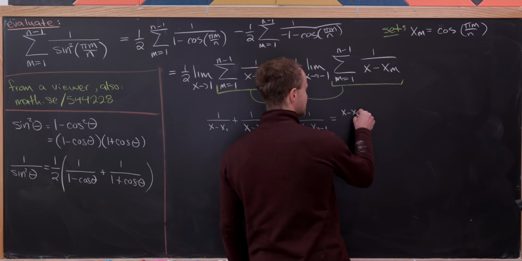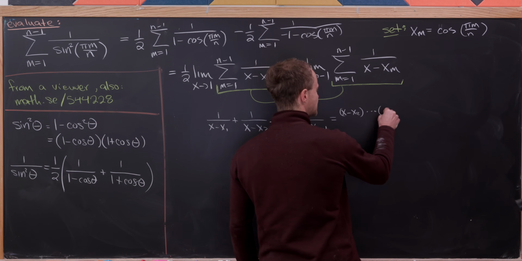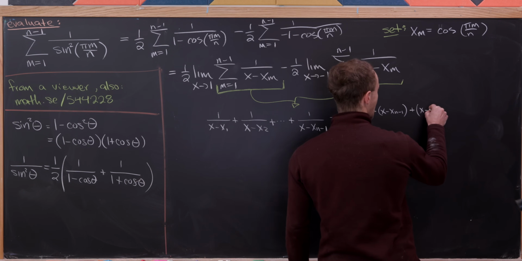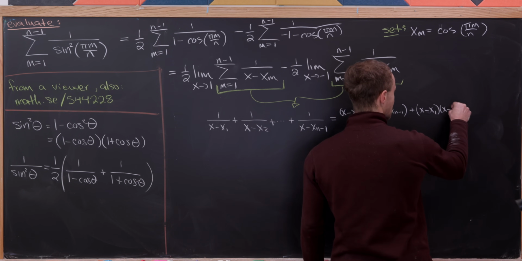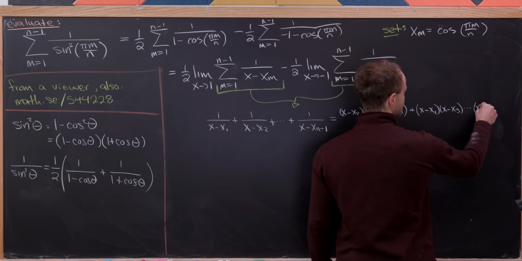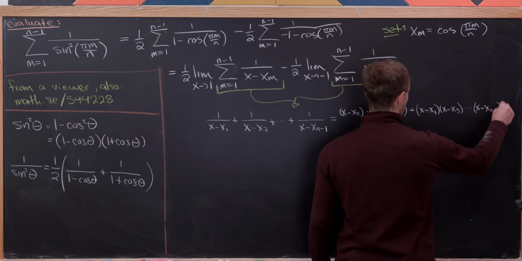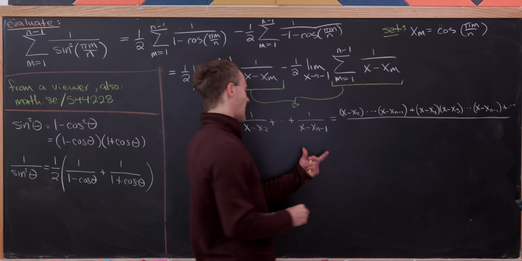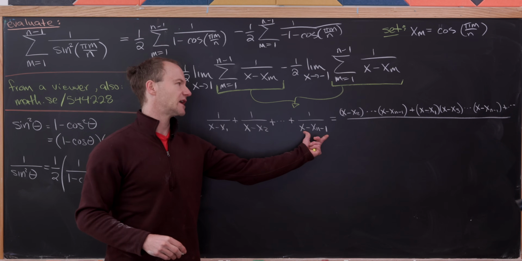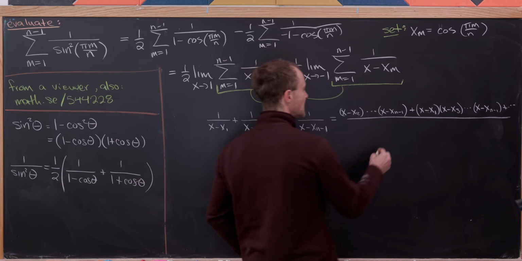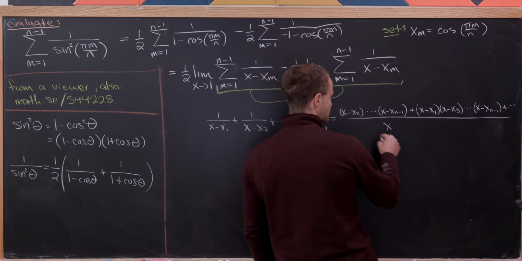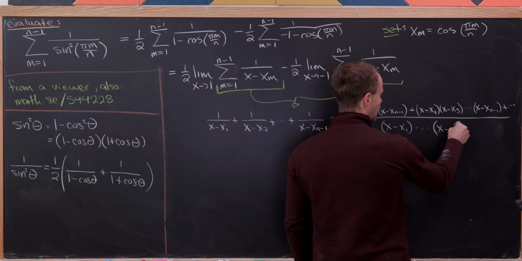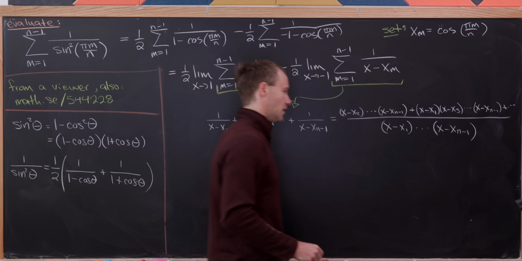We'll have x minus x2 multiplied up to x minus x sub n minus 1, plus x minus x1 times x minus x3 multiplied up to x minus x sub n minus 1, plus dot dot dot, and that's going to end at this last term right here. I'll let you write it down a little bit more carefully if you need to. And then in the denominator, we have x minus x1 multiplied up to x minus x sub n minus 1.